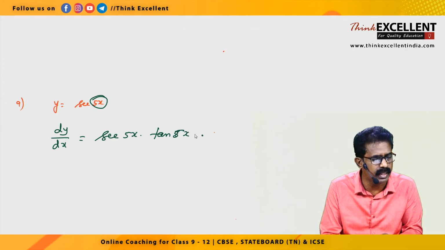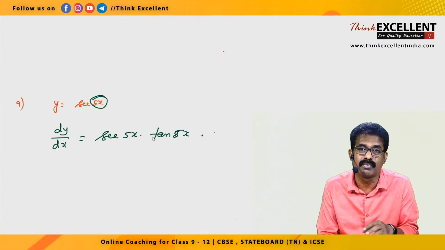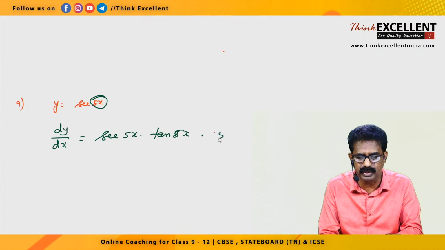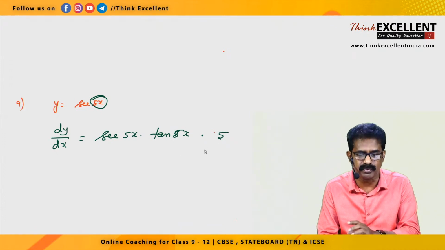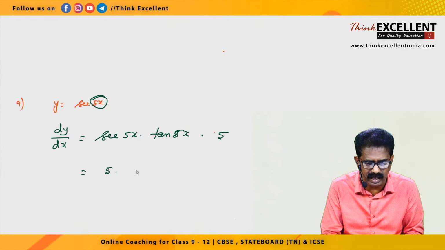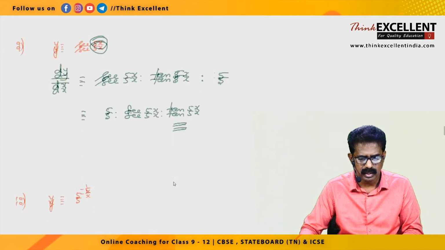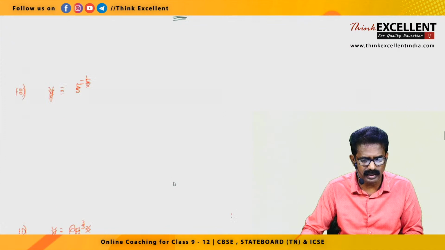Don't stop here. It is not x. Instead of x, what do you have? 5x. So write the derivative of 5x also. The derivative of 5x is 5. We will write this 5 in the front. So, the final answer is 5 into secant 5x into tan 5x. So, hope you understood this, okay? Now, let's move on to the next question. Look at this question.